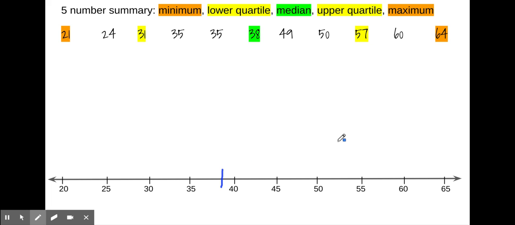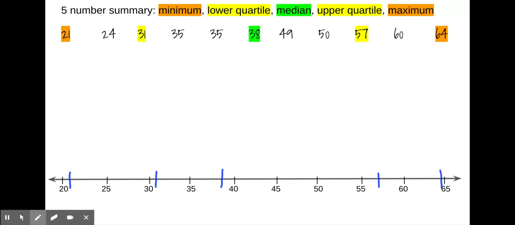I'm going to now go down to 21, my minimum. 31 is my lower quartile. I've got my 38 for my median. My upper quartile is 57. And my maximum is 64.